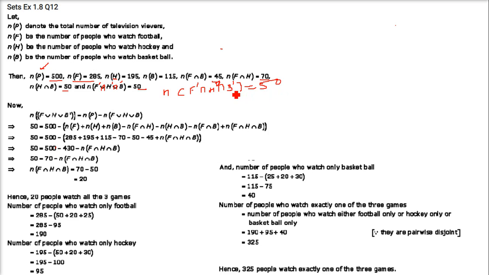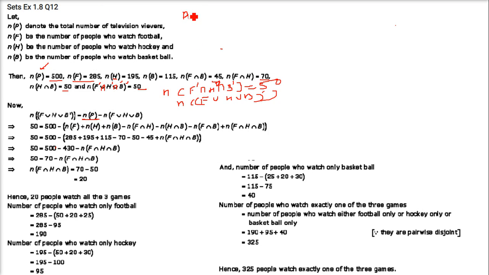I hope you got the idea. When you apply De Morgan's law, it becomes N of the complement of F union H union B. This is the complement of F union H union B, and it is 50. But we know that this can be written in terms of the total.